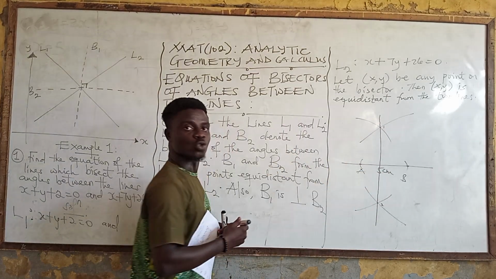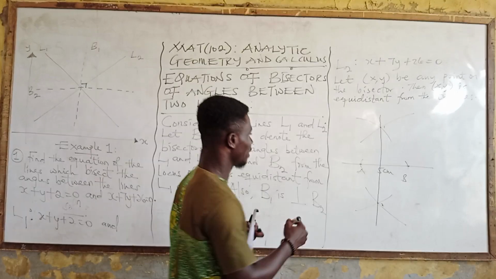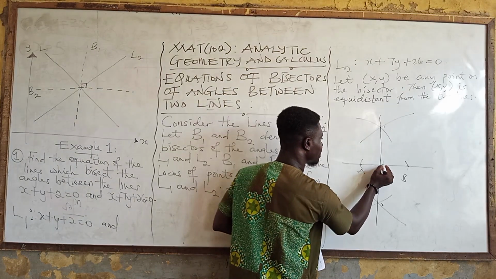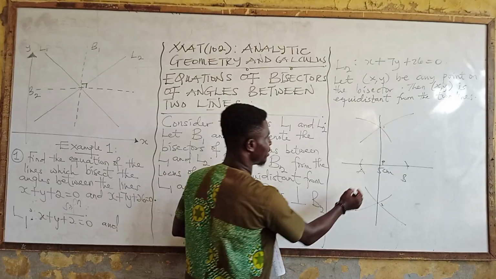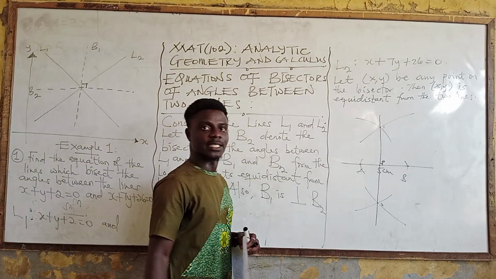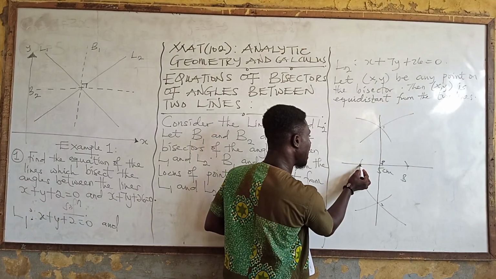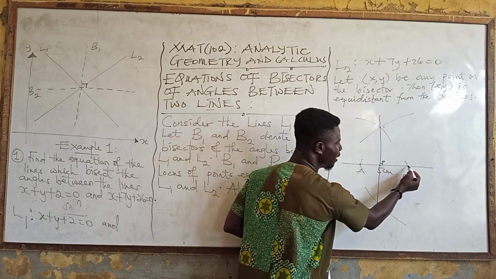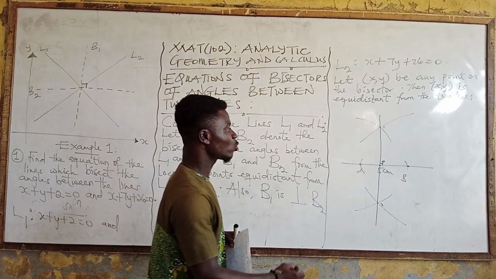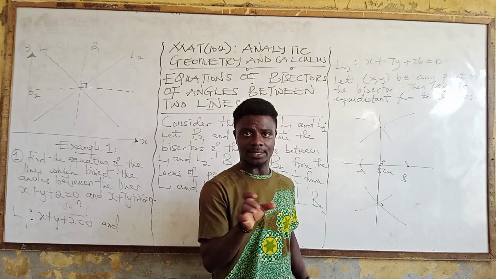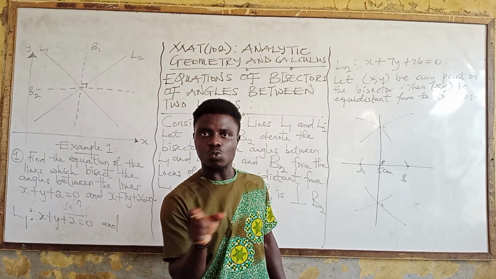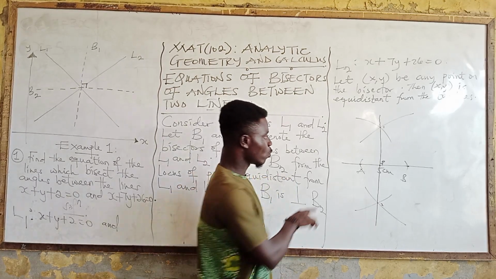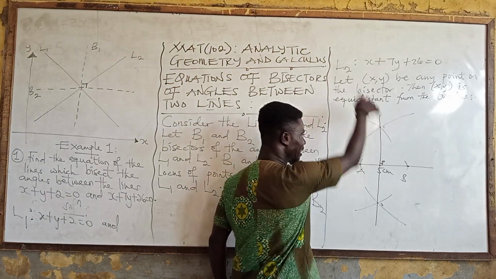My own is not drawn to scale, please. Now, if I have a point here, let's say P, this one is perpendicular, which means 90 degrees. So the distance from point A to point P is the same as from point P to point B. That's why we call it equidistant, which means equal distance.